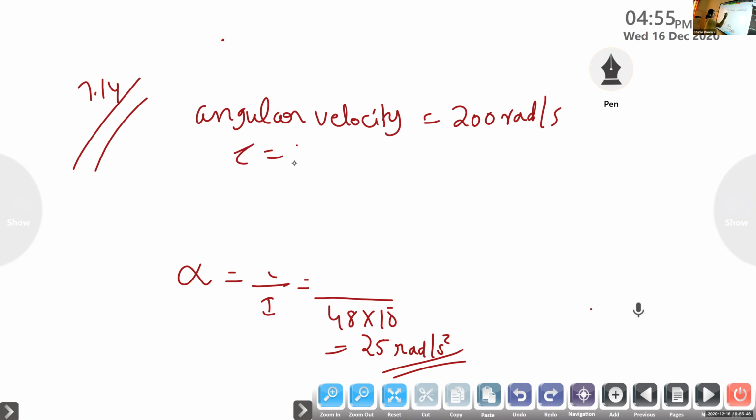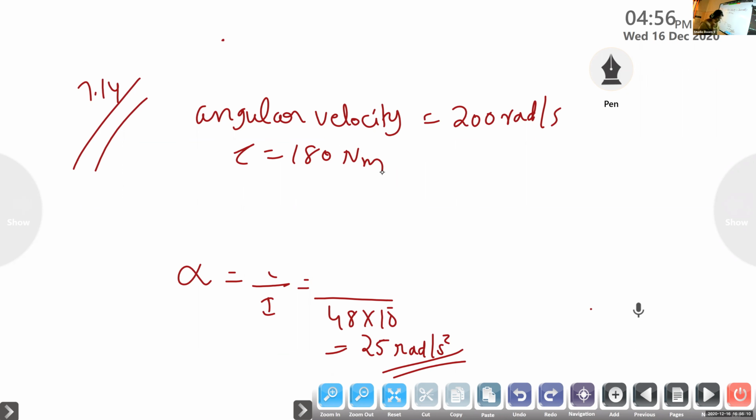Torque is given to you, 180 Newton meter. And what is the power required by the engine? You have to calculate the power. And it is given that the engine is 100% efficient. That means there is no frictional force, there are no resistive forces. So we don't have to think about the angle, anything, so directly you can do.